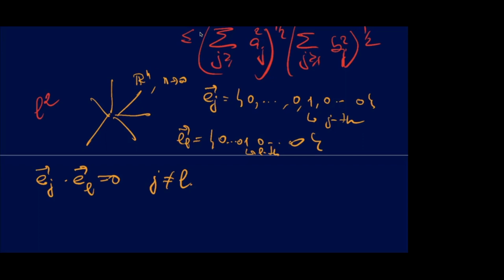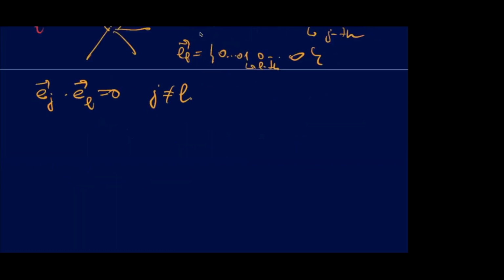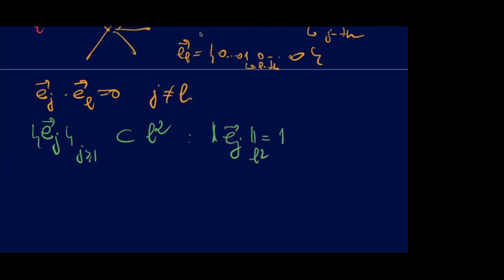And actually, the distance between these two vectors is going to be square root of 2 because of the Pythagorean theorem, right? And you see how, for instance, this also gives you the prototypical example of why in an infinite dimensional space, bounded sequences are not necessarily having convergent subsequences, right? Because the sequence e_j, when j goes to infinity, is a sequence in L2 so that the norm of each vector is 1, but the distance between any two different vectors is square root of 2, right?